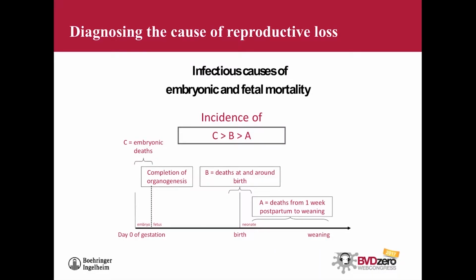So you see in this slide that the incidence of early loss, infertility, early embryonic loss, is greater than the loss that we see in and around this time of parturition, which is actually greater than the loss that we see in the early stages of this calf's life.